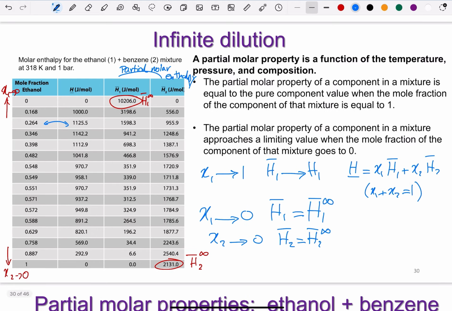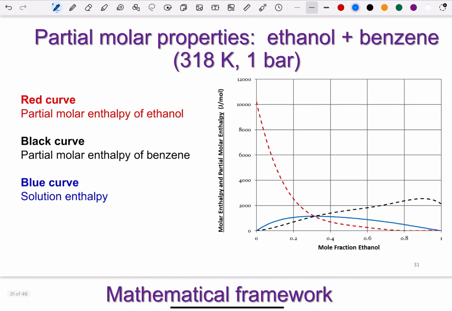If you plot it, basically I'm putting the same data on a plot. On the y-axis I have the enthalpy versus mole fraction. The blue curve is my enthalpy of the mixture, so this is my H. The red ones are H bar 1 and H bar 2.